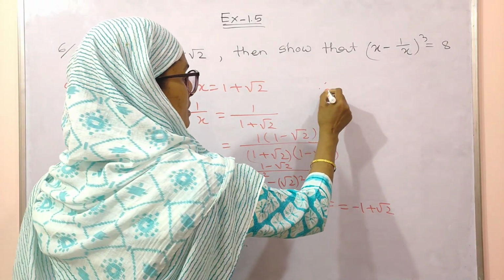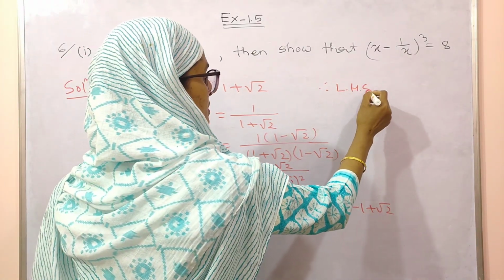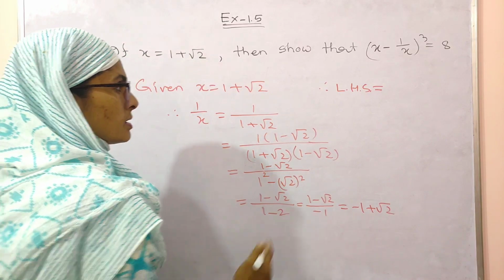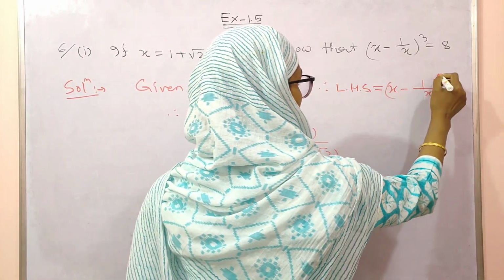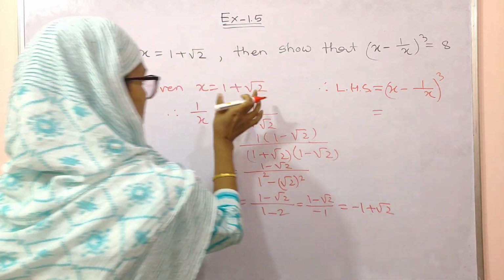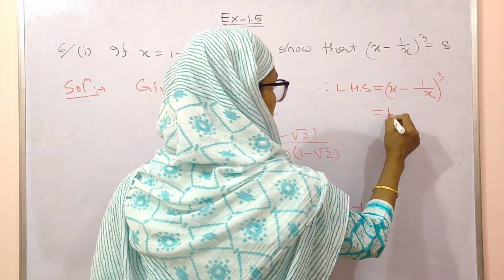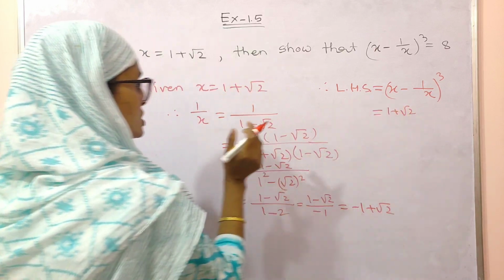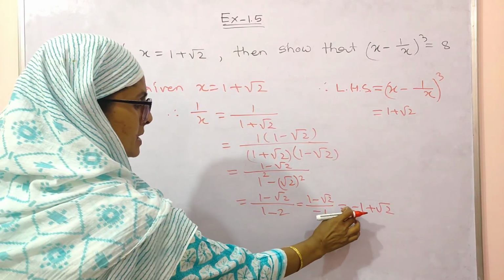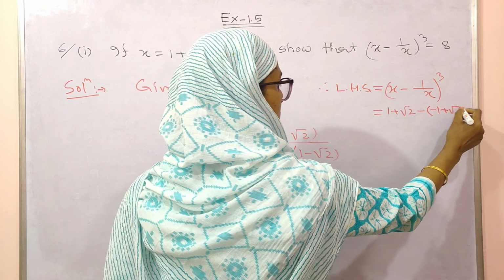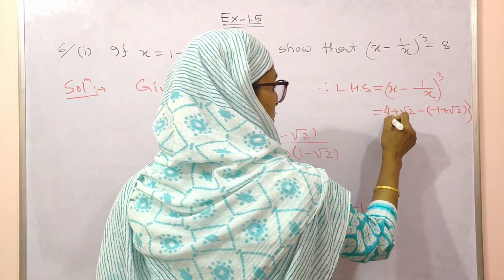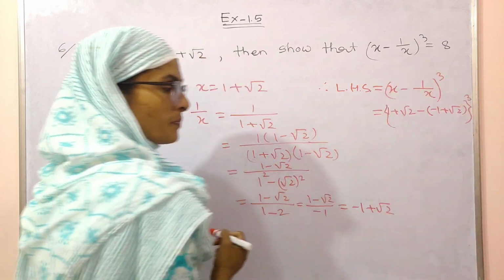Therefore, left hand side, writing down (x minus 1 by x) whole cube. The value of x is 1 plus root 2, and the value of minus 1 by x is minus 1 plus root 2, whole cube.